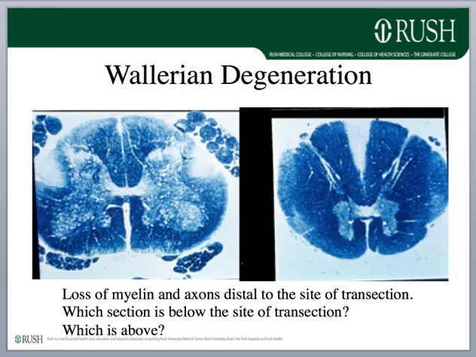So which section is below the site of transection and which is above? Okay, if you answered the section on the left is below the site of transection, that would be correct. Because remember, Wallerian degeneration involves loss of the axon and then secondarily loss of myelin that's distal to the site of transection. Very good.